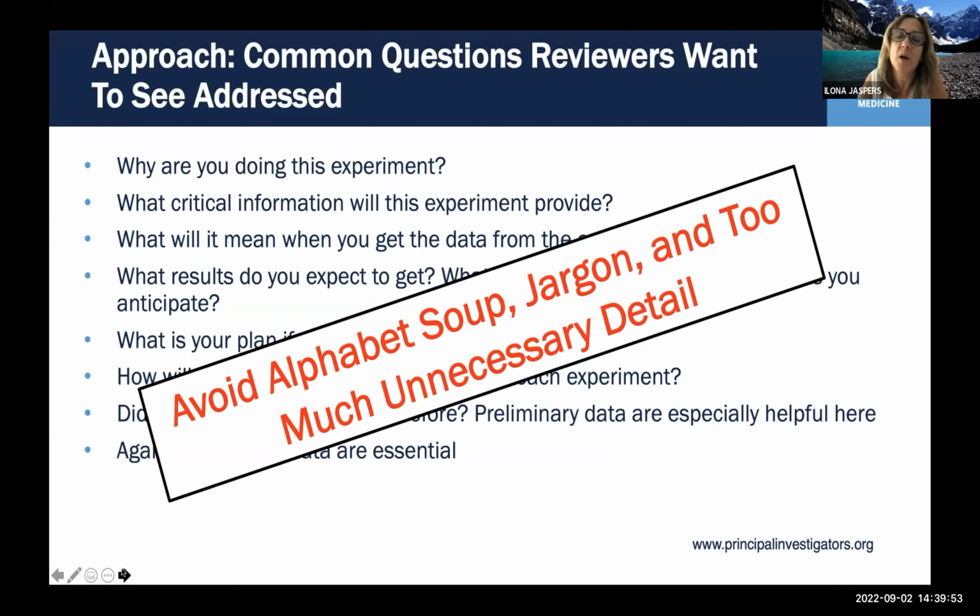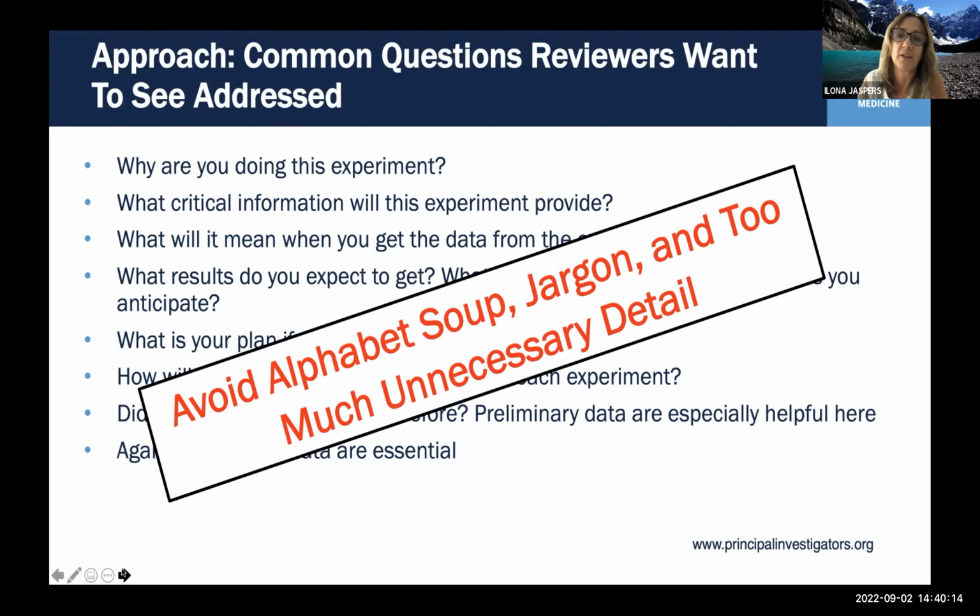Really try to avoid that kind of alphabet soup and jargon, because it's very difficult for a reviewer to detect the nuances of the differences in your models, in your endpoints, in everything you are using in your approach, and they may get lost.